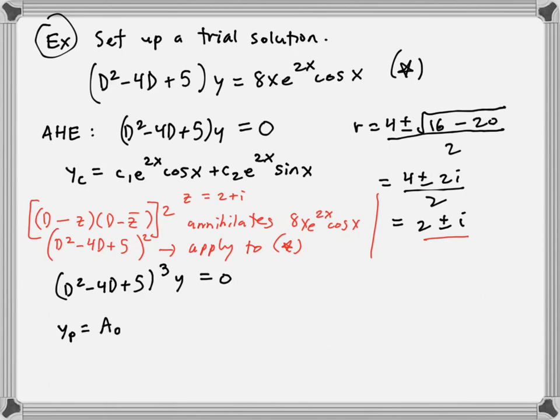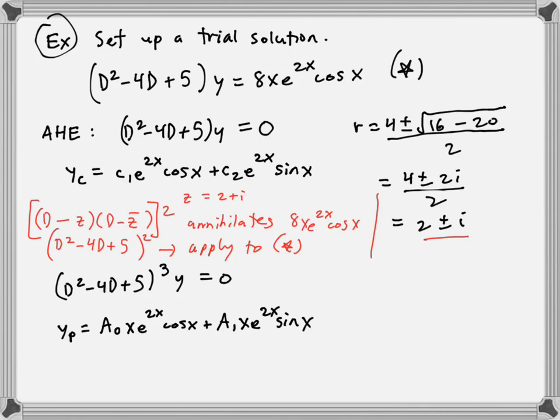I've got A0 x e to the 2x cosine x plus A1 x e to the 2x sine x.